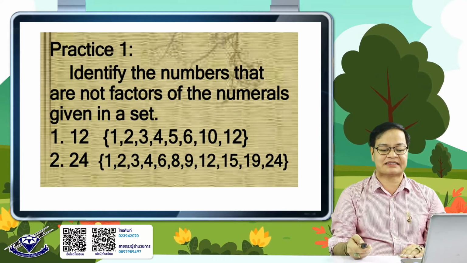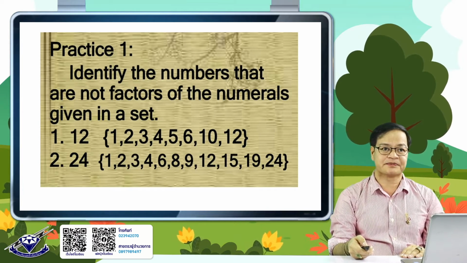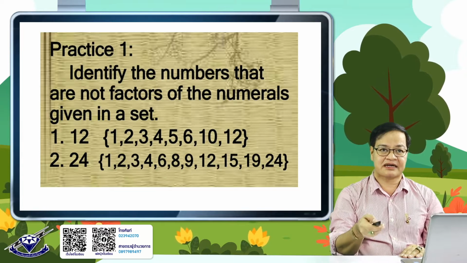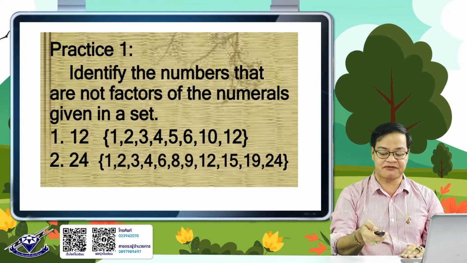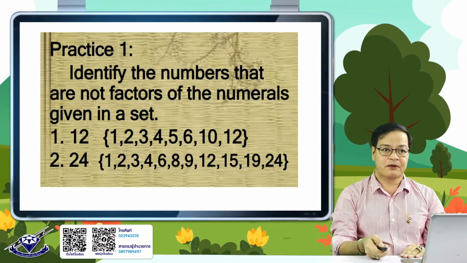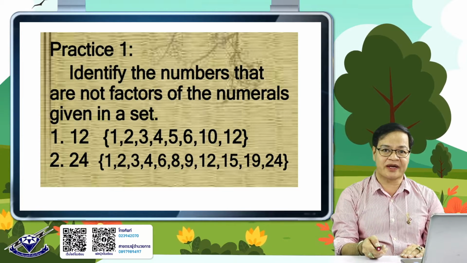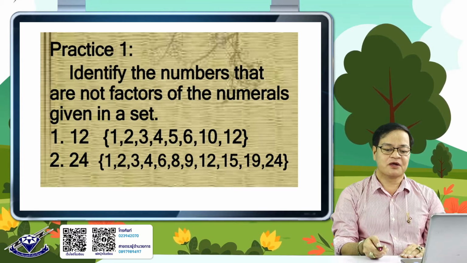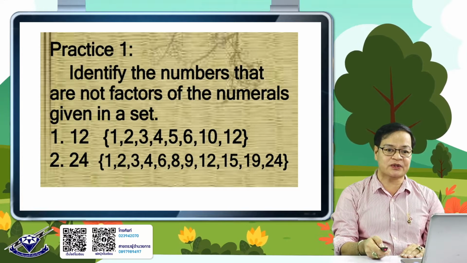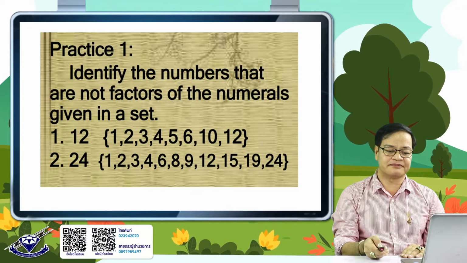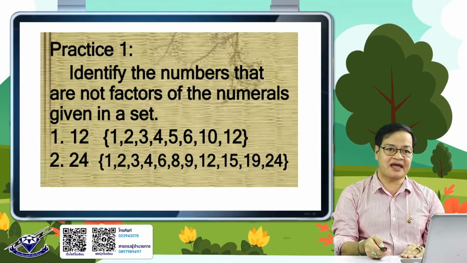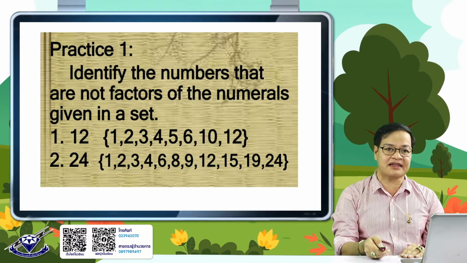Next, let's have number 2. Let's give the factors first of 24. We have 1 and 24. We have 2 and 12. We have 3 and 8.